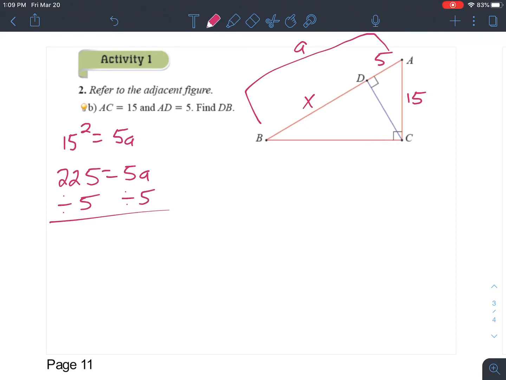We will divide both of those by 5, and we get 45 for A. And now that we know that that is 45, then we just need to subtract it with 5, and we find then that X is going to be 40.